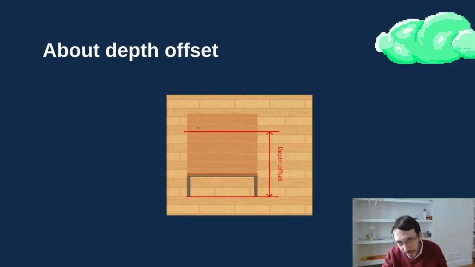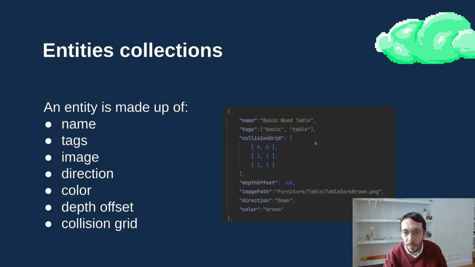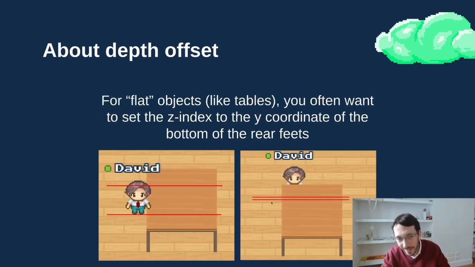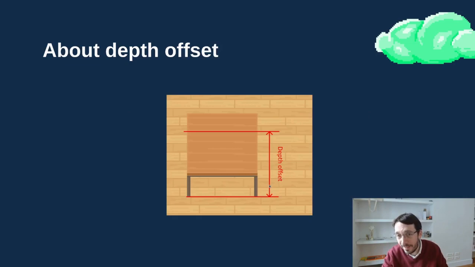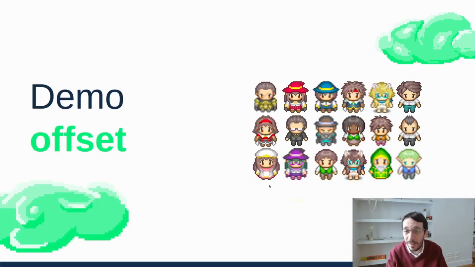And the height between the bottom of the table and this line is what we call the depth offset. So the depth offset here is the number of pixels that are here, and it's basically the magic value that makes it really easy.